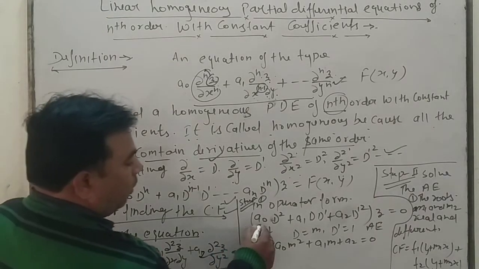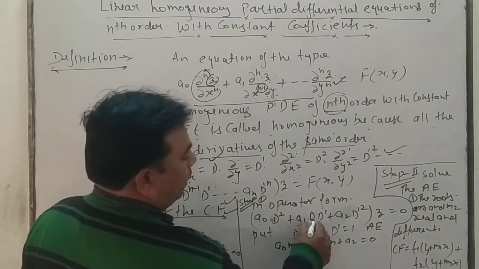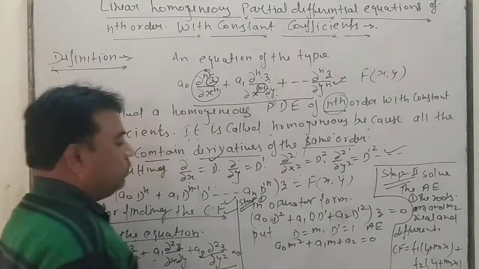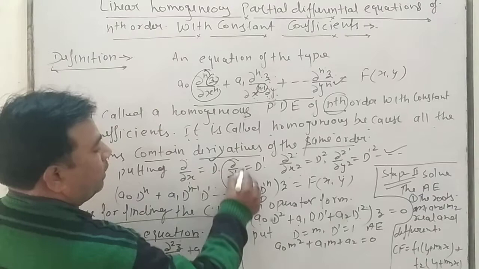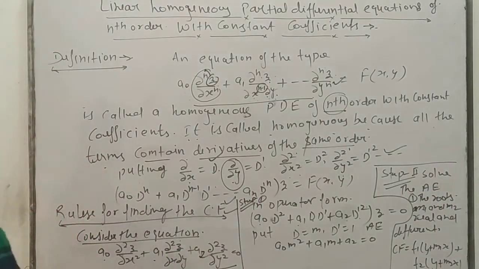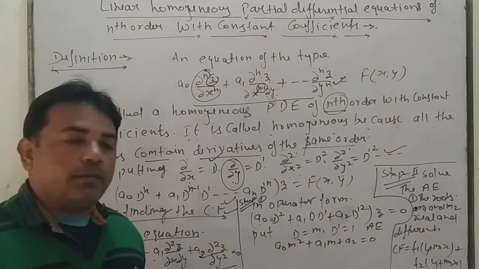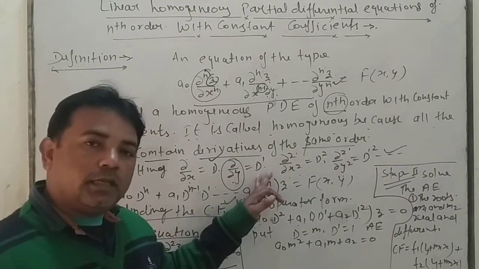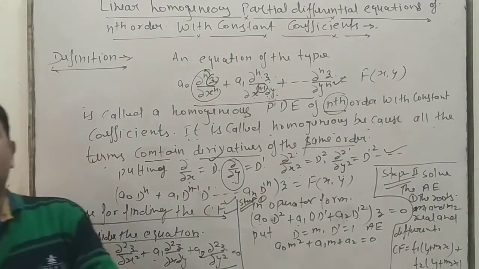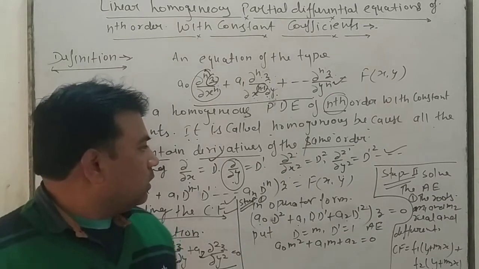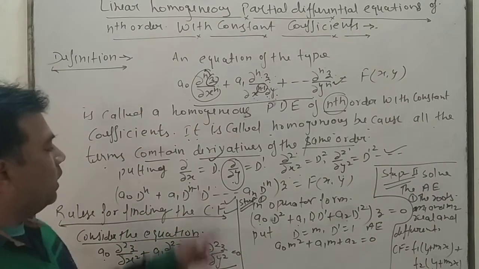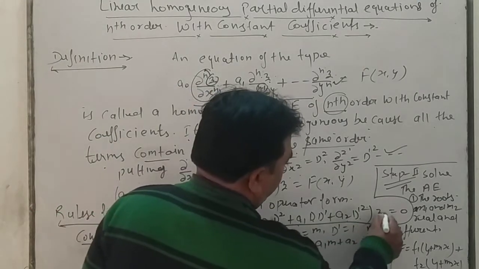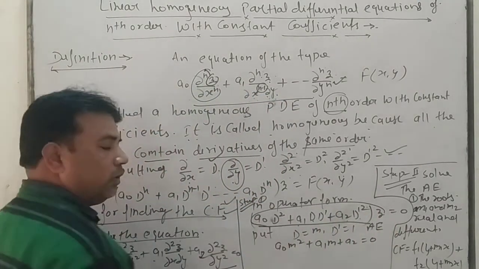So it is a naught D square plus a1 D D dash plus a2 D dash square. If we differentiate z with respect to y, we write D dash in place of del over del y, and for differentiation with respect to x, we put D in place of del over del x. This is the operator form of the second order partial differential equation.